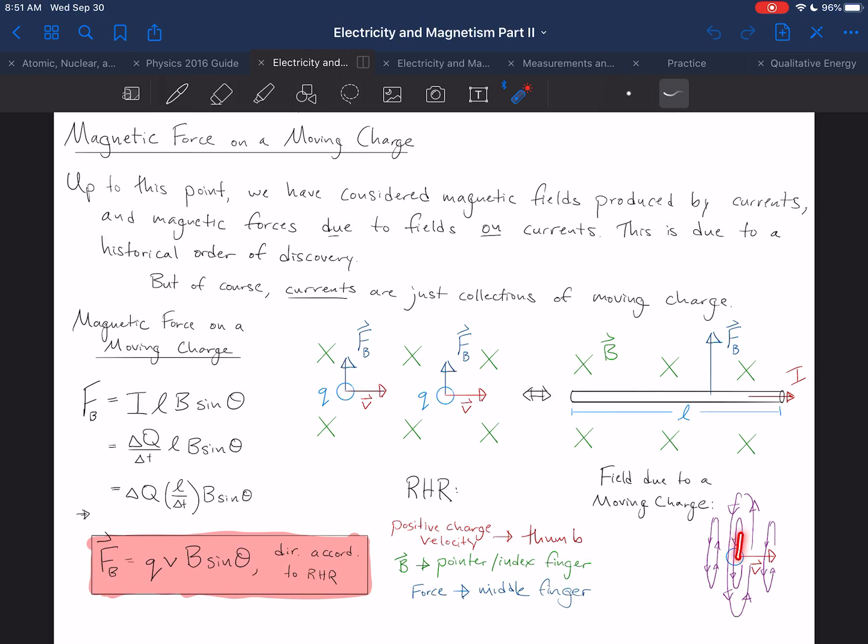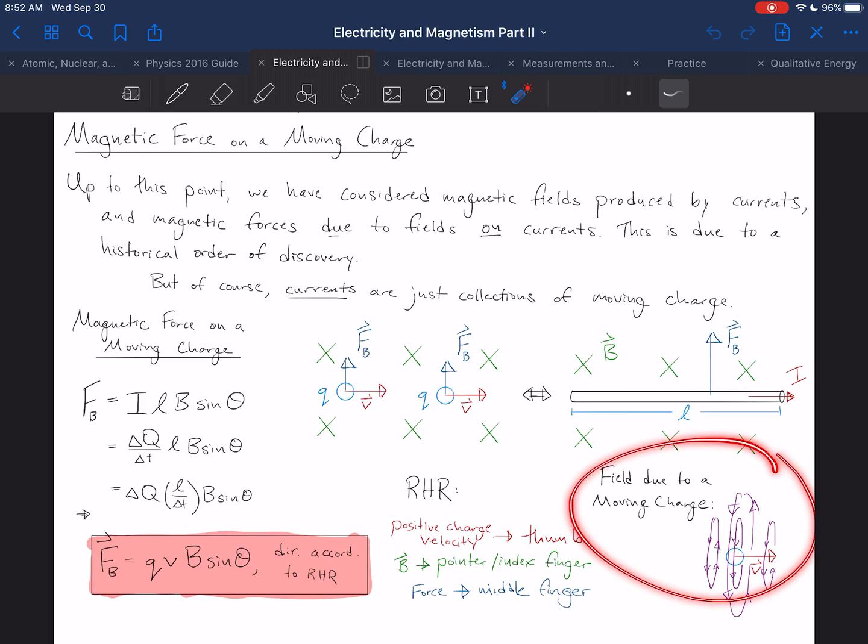And as you move further away, the field strength drops. But off axis, in this direction, you will also see that field drop as well, just in magnitude as that charge passes. You can think of the magnetic field from this moving charge as being a bubble of field lines or field loops around that charge that moves with the charge itself.